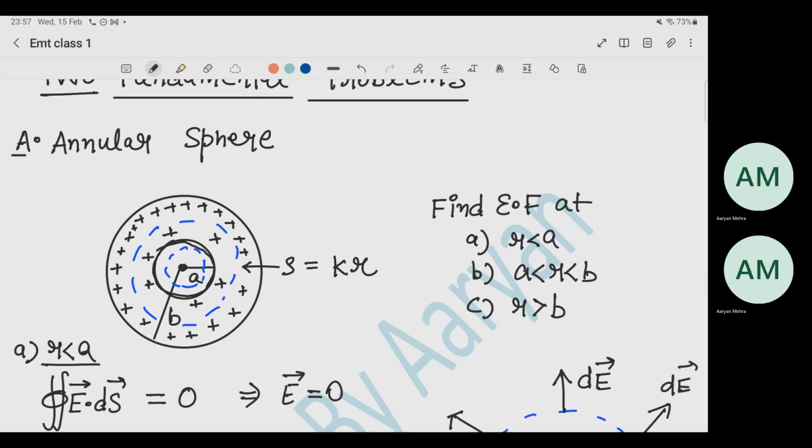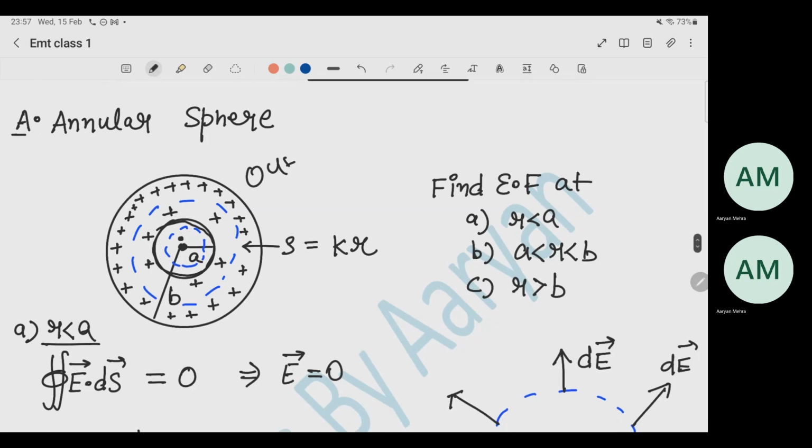So charge is present here, and the charge density is only present between the two spheres, not outside and not inside, not less than a. It is between a and b, and this charge density is not uniform, it is kr. It depends upon the distance from the origin or the center.